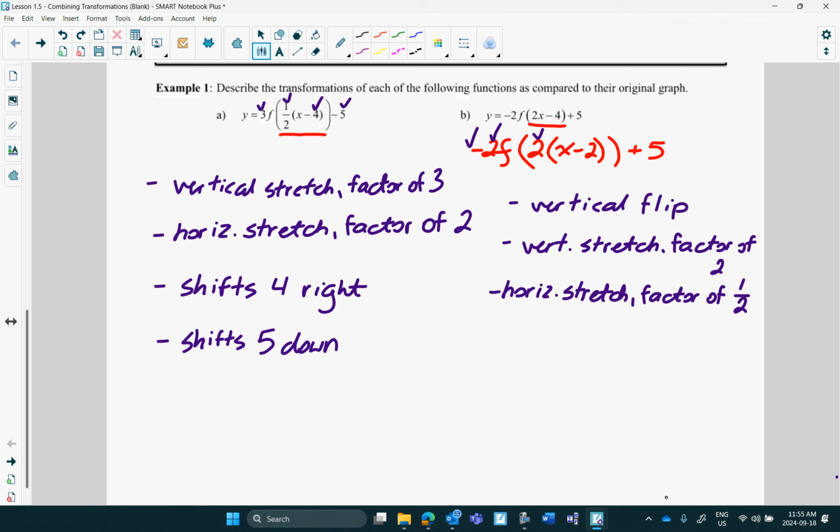No more stretches, just the shifts. Right, I heard just right: 2 right and 5 up. And then you can even put those in the same phrase. Shifts 2 right and 5 up. And that takes care of all of it.